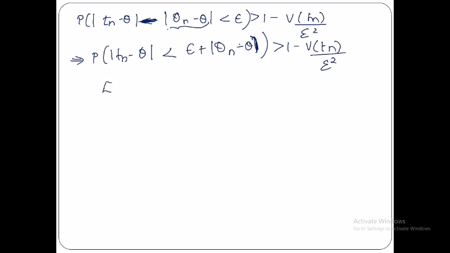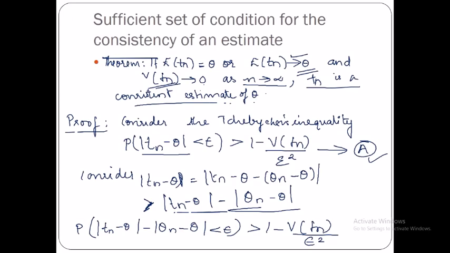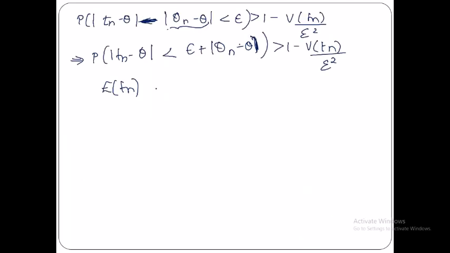Now we have that expectation of Tn is what? According to our theorem, expectation of Tn is equal to theta, or expectation of Tn tends to theta. Now expectation of Tn is actually theta n. Now this tends to theta.